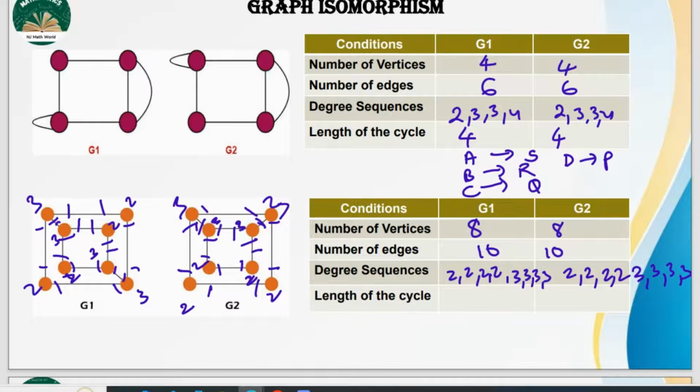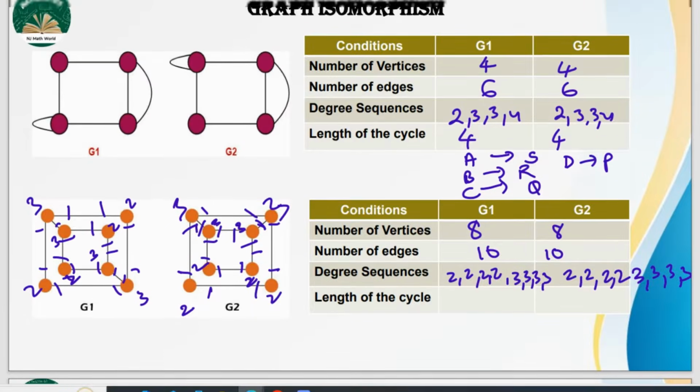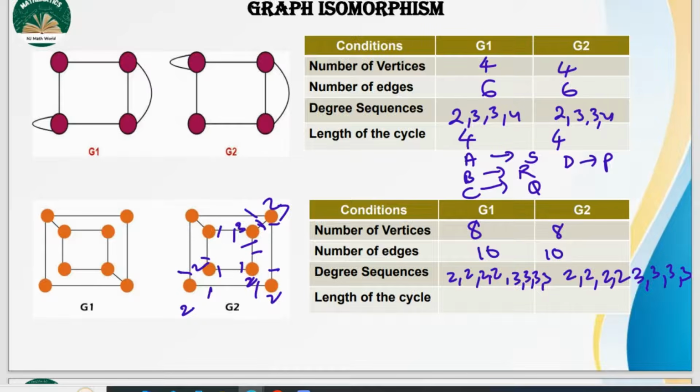Then the length of the cycle, we'll just check out the length of the cycle. What will be the length of the cycle for this? So yeah, the length of the cycle.